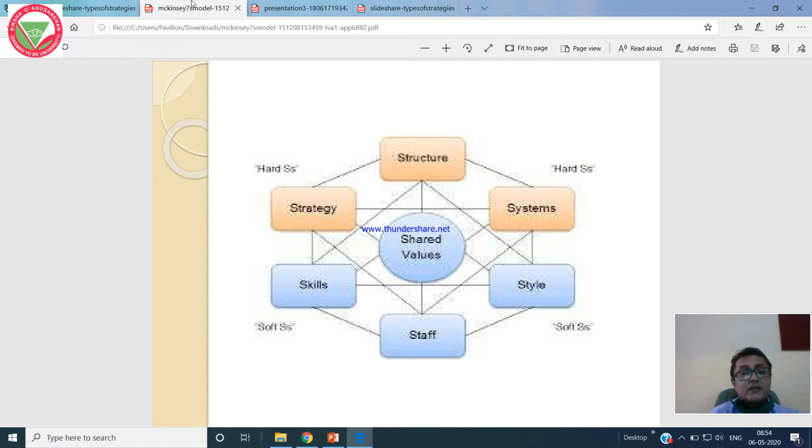The light orange S's, the structure, the systems, and the strategy, are known as the hard S, whereas shared values, style, staff and skills are known as the soft S. Soft S is more intangible in nature, it is psychological in nature, it has to be felt. Therefore, they are called soft S. Whereas hard S can be seen, hard S are more tangible in nature. Therefore, the division is like that.